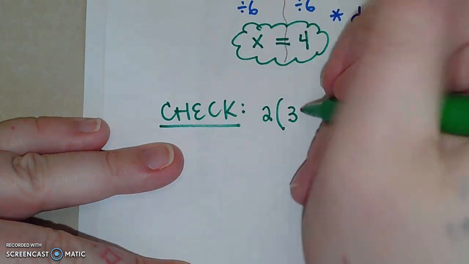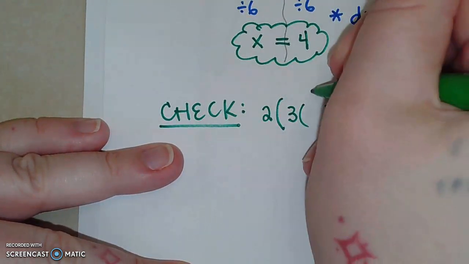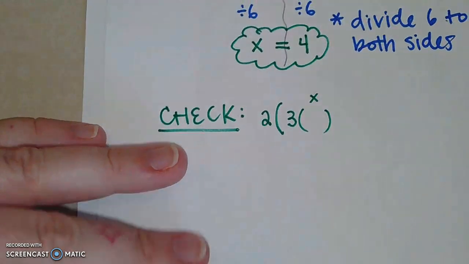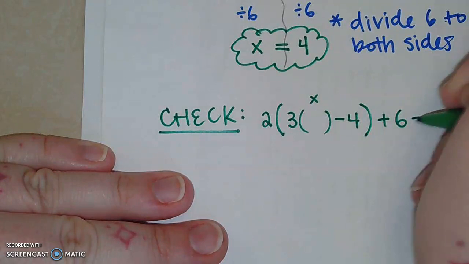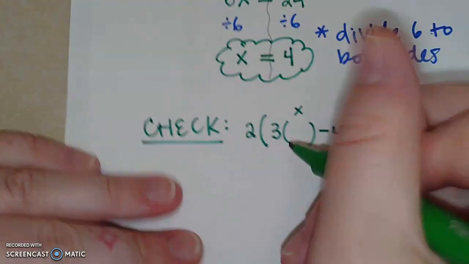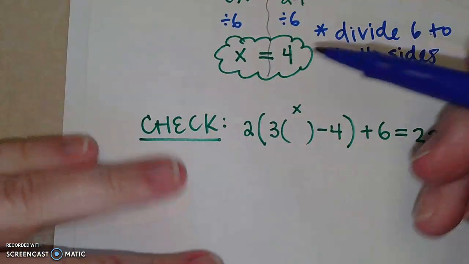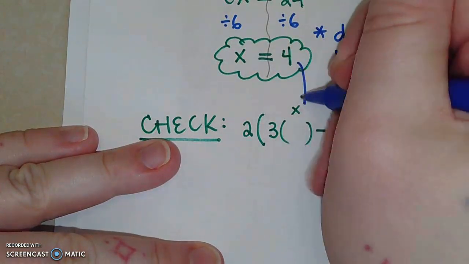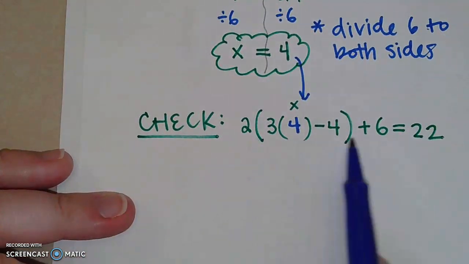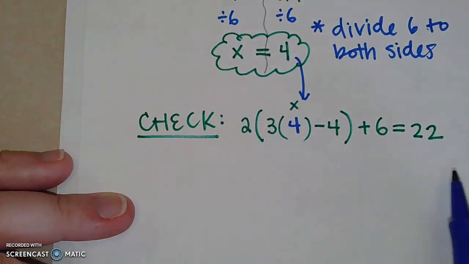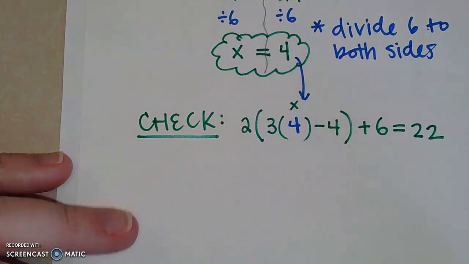And where I see the x, which was right here next to the 3, I'm going to put a big parentheses. And guess what's going to go into our x? Our answer. So we're going to do a little substitution. What I have to do is simplify the left side. And if it ends up equaling 22, then I know that I'm correct.